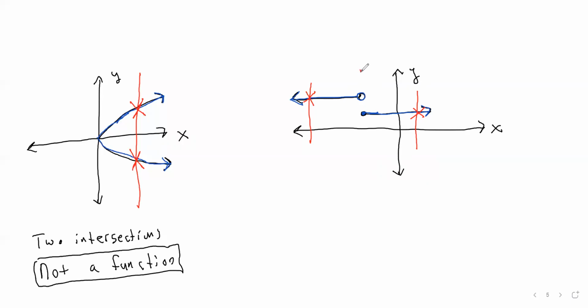So a person might draw a vertical line here, and they'll say, here's an intersection point, and here's an intersection point. So we have two intersections, therefore it's not a function. But this is why you must be careful. This point on top, we cannot count as an intersection, because there's an open circle here with no shading. So this is actually not an intersection.